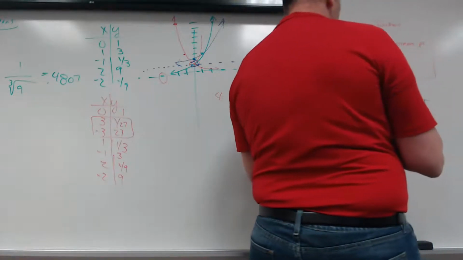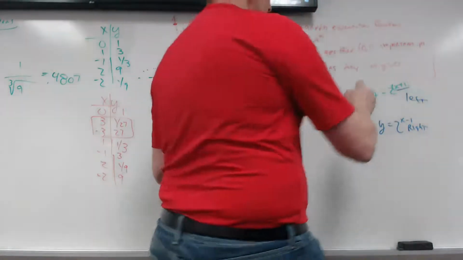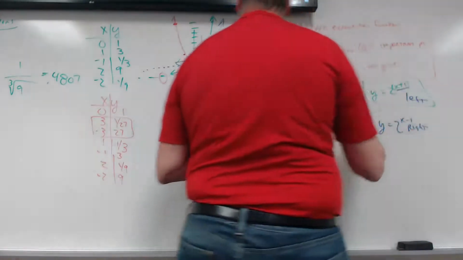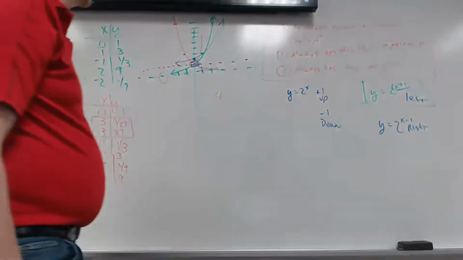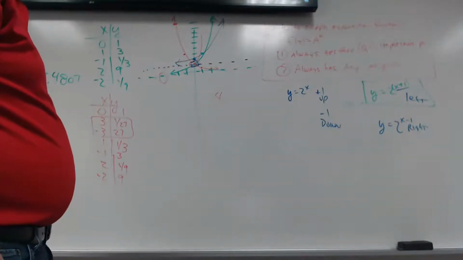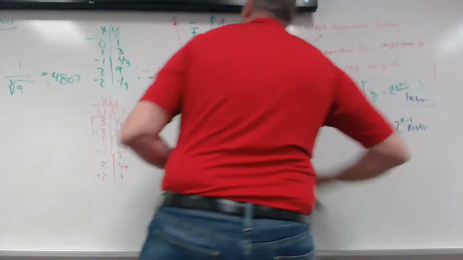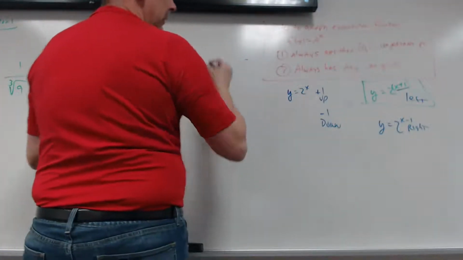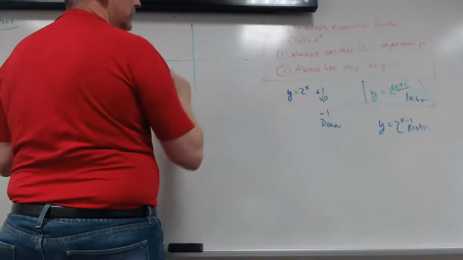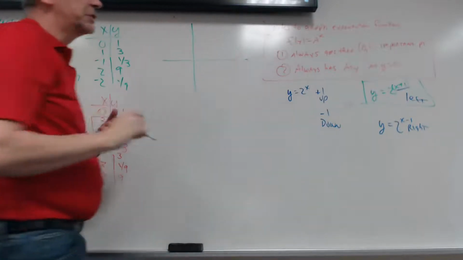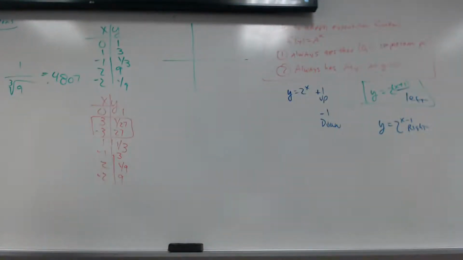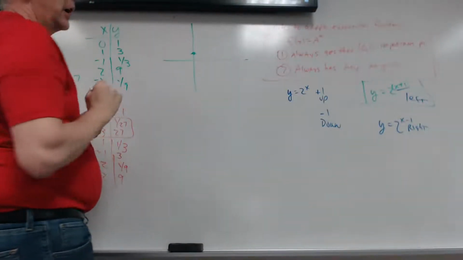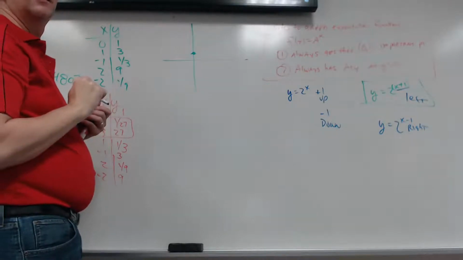Okay? So let's graph this one here in green. Should I get a new graph? I guess I can't draw anymore on top of that. It's getting hard to see now. All right, so 2 to the x plus 1. So Demi, tell me where my important point is going to be. It was here. I'm going to move it to the left.